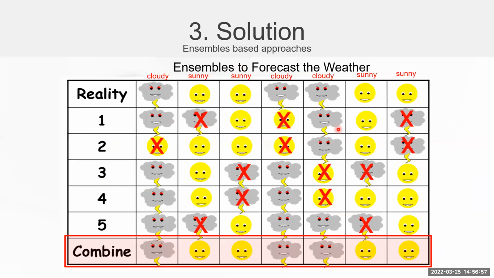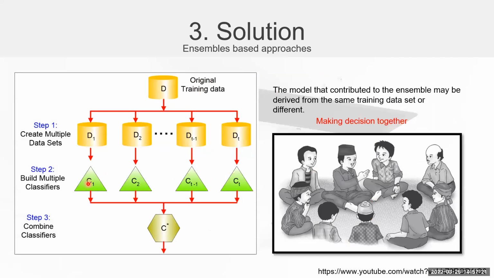Now this is the case of ensemble. We have the actual data: today cloudy, tomorrow sunny, and so on. This is for model one, classifier one.